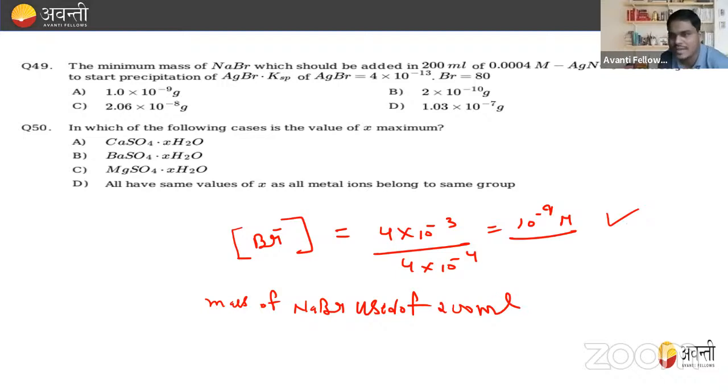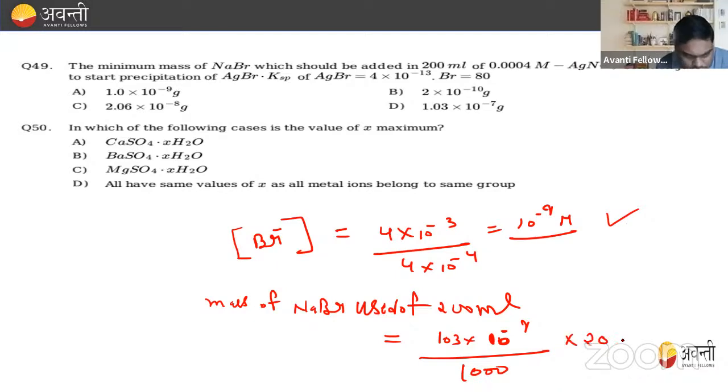So the mass of the NaBr used in 200 is equal to what, beta? That is 103 into 10 to the power minus 9. Okay, so that is 103 into 10 raised to the power minus 9 divided by 1000. Let me write, right? Into 200.